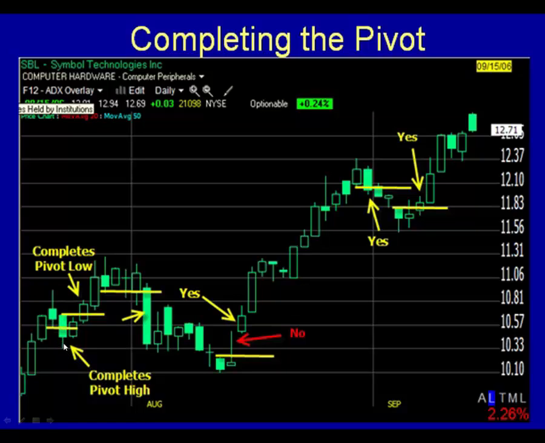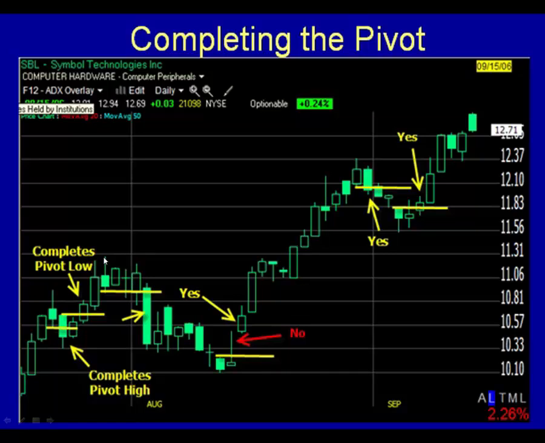So if you look at this bar right in here as the low bar, middle bar, this pivot low is not complete until this next bar, in which case it has a higher high, and now it closes above that middle bar. Okay, this is a very fast chart, daily. But you can see here's a pivot high, then a pivot low, kind of reverses all in a matter of 3 or 4 bars. That can happen.